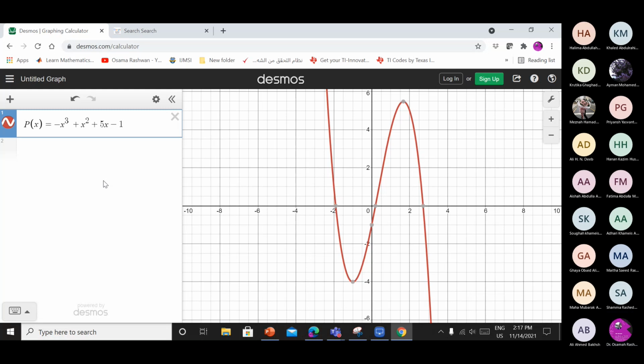Okay. So where is the maximum? This is a maximum, right? Yes, where x is equal to 5/3, right?